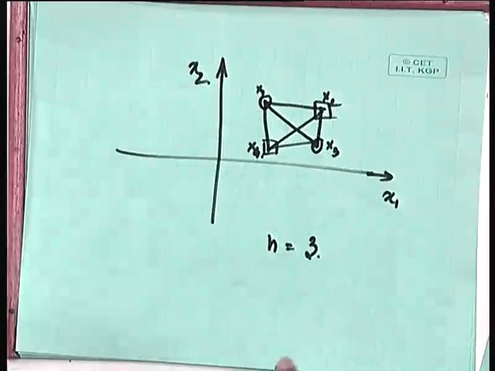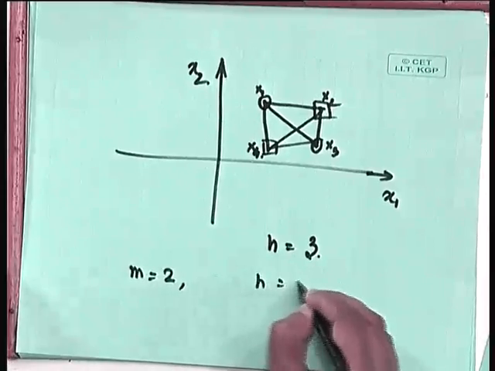So how many points could we shatter using the linear function? We could shatter 3 non-collinear points. So in this case I should say that H is equal to 3. The VC dimension for this special case of the 2 dimensional case, when we have only x1 and x2 as the variables, becomes equal to 3.